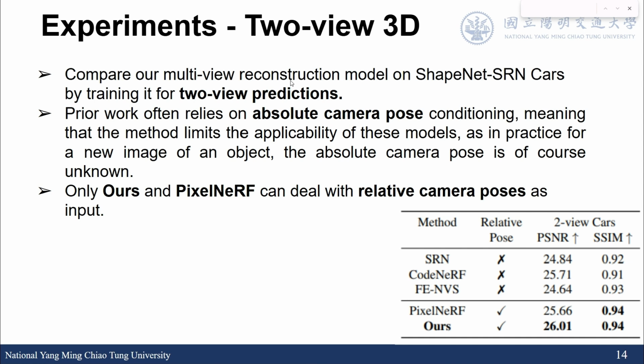Absolute camera poses are typically unknown, which restricts the practicality of such models. In contrast, both our model and PixelNeRF are capable of handling relative camera poses, making them more practical and adaptable for real-world applications. As shown in the table, our method achieved the highest score in both PSNR and SSIM, demonstrating superior performance in this two-view setting.